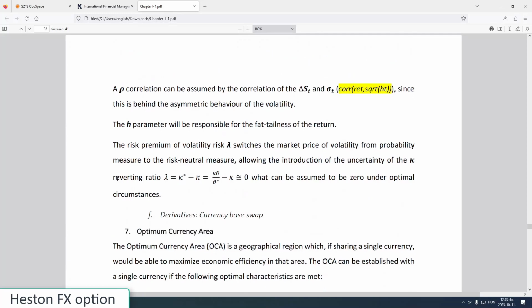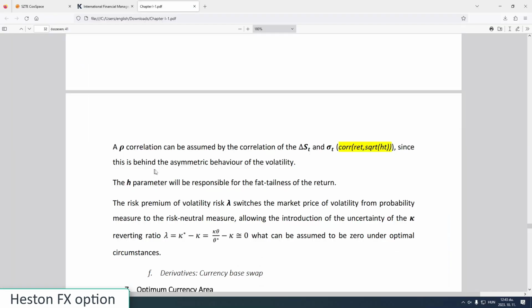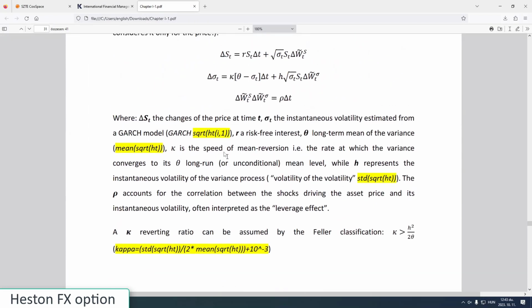As you can remember from class, the difference between Heston and the other option pricings is that we have multiple variables trying to describe volatility. That's why we need the GARCH model, because we need the volatility, so the standard deviation. We need the long-term expected value of volatility, which is quite close to a simple standard deviation.